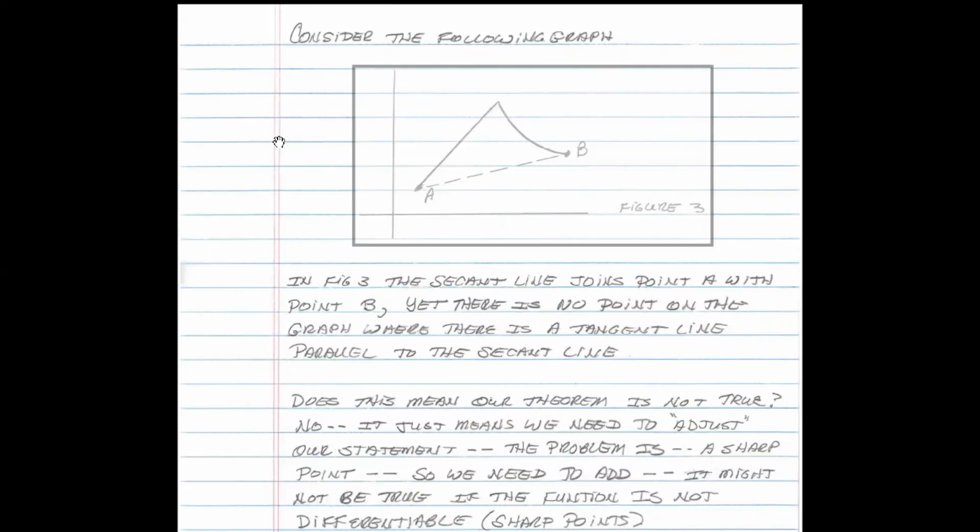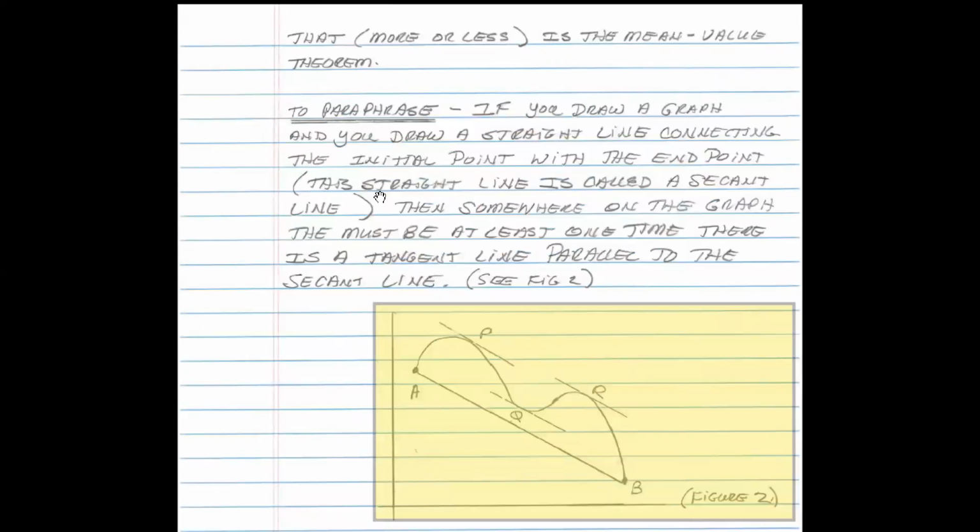Now, be careful. We're not saying that if it has a sharp point, you can't find a tangent line. What we're saying is if it has a sharp point, we don't guarantee that you can find a tangent line. Going back to the previous graph, what if I made a sharp corner point right here?